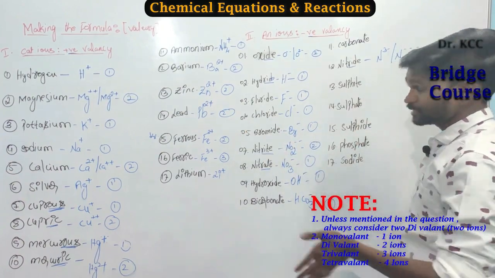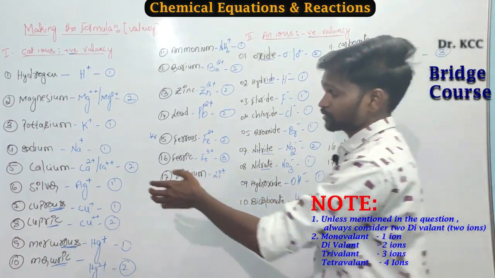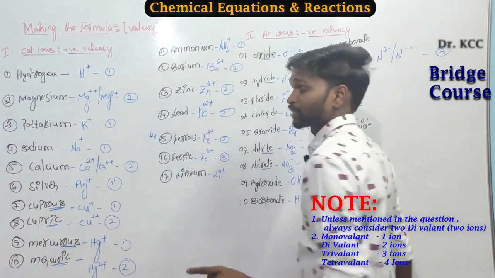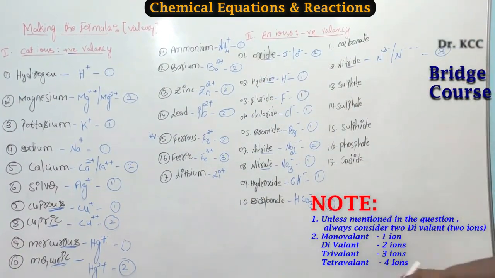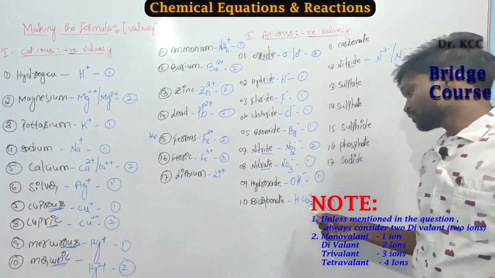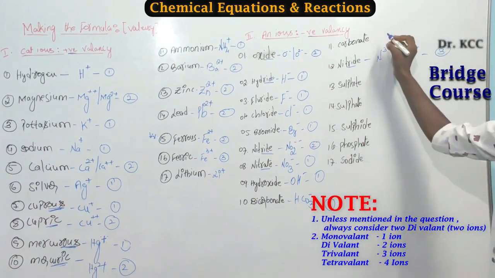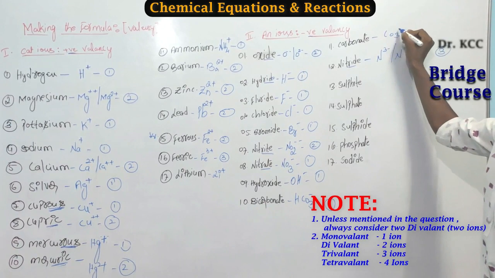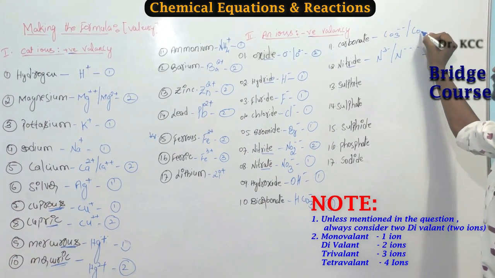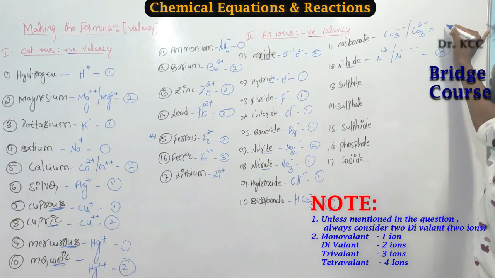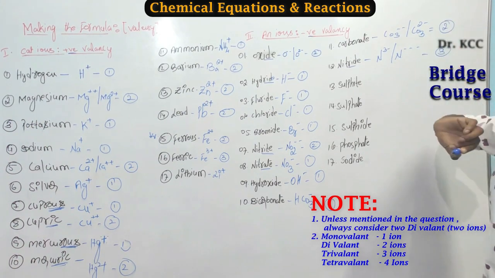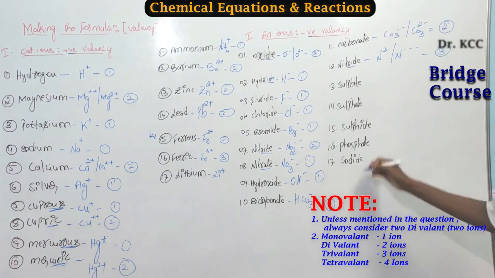In the question, if it is hydrogen, that is a cation. If it is hydride, then it is H-. Then bicarbonate is HCO3-. Carbonate is CO3 2-. So what is its valency now? Yes, correct, 2, which means that it can gain 2 electrons.